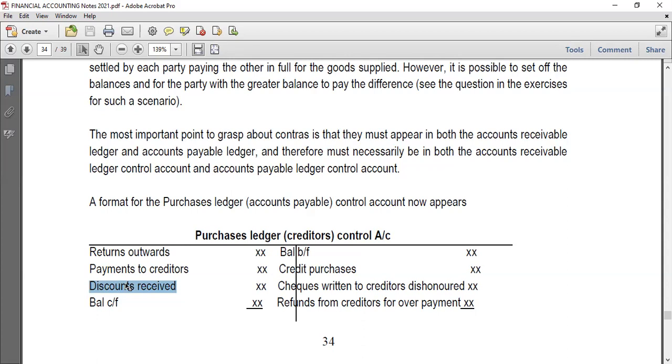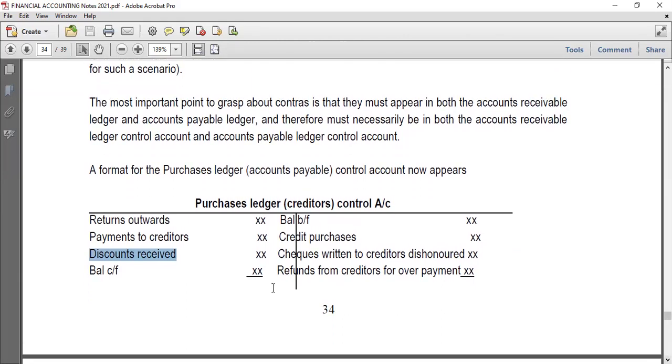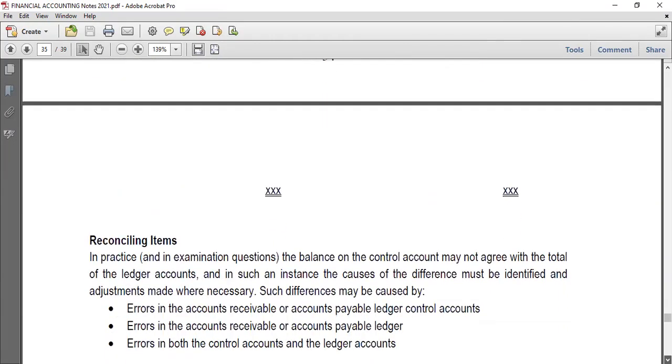Every time we receive a discount, it means that the balance we should pay to that supplier is reducing. That is why we debit it, because it reduces what we should pay. And then we just balance it off as our control account right there, okay?